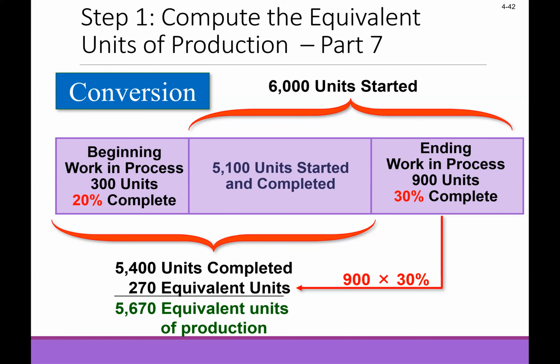So we're going to take those whole entire units of 5,400 units, because what started at the beginning of the month all went in full. But at the end of the month, we had 900 units, 30% complete, which is 270 units. So we take the 5,400, add our ending work in process to give us our equivalent units of production of 5,670.